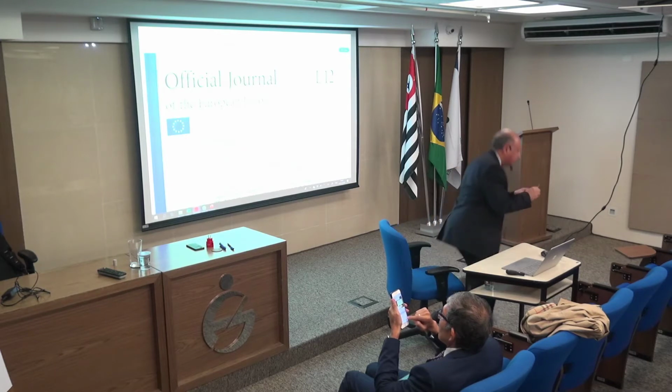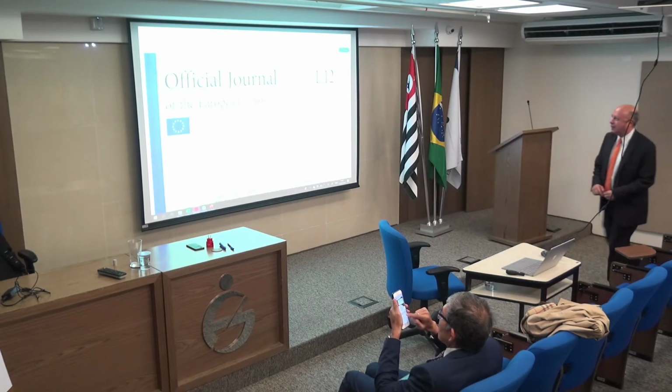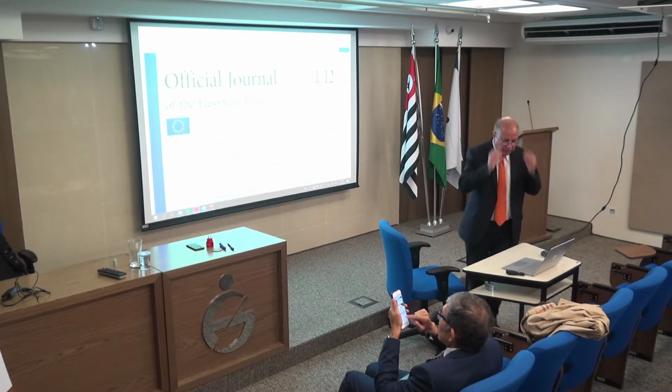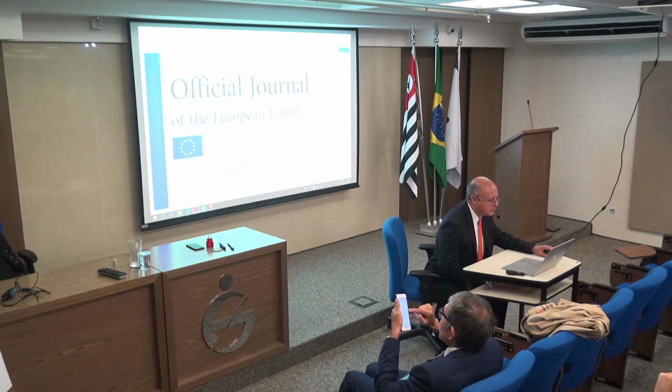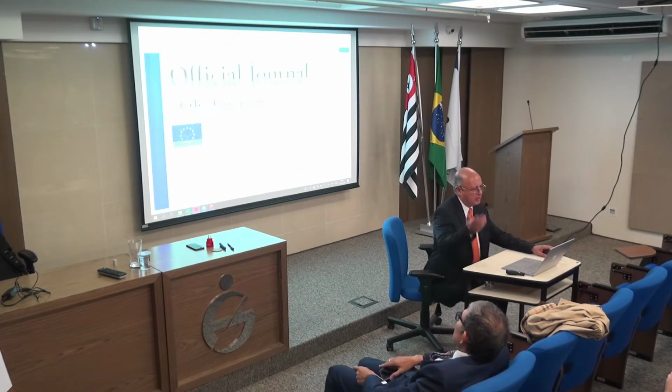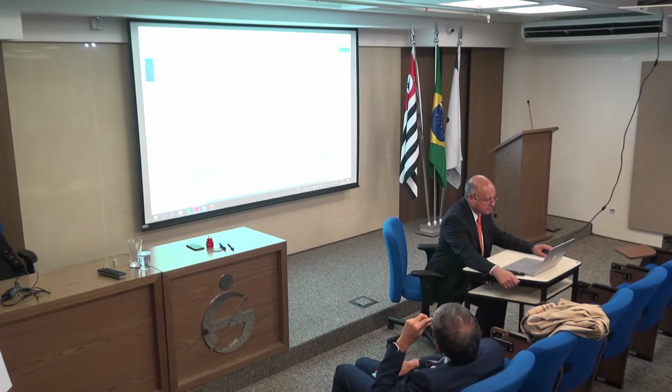So this is a copy of the Official Journal of the European Union, and I'm going to magnify it for better visibility. It came out 3-4 years ago, in 2015.